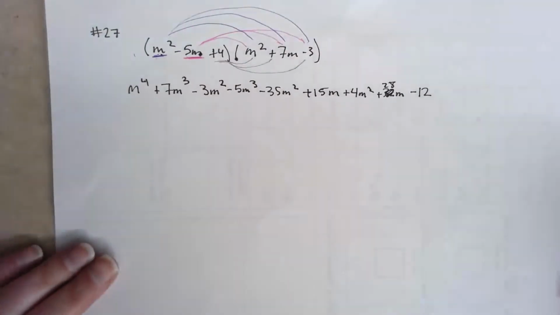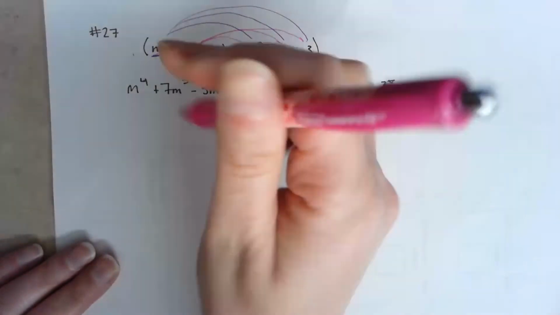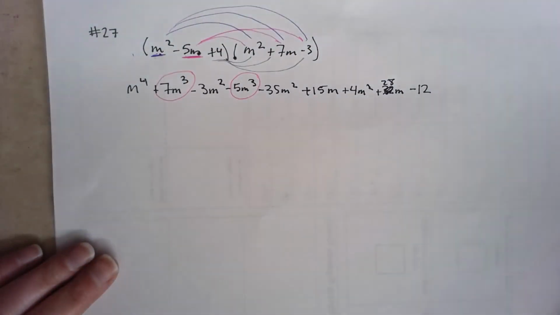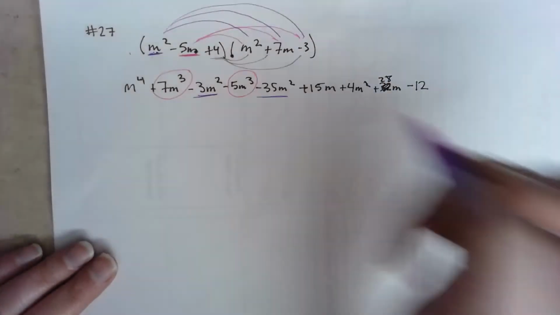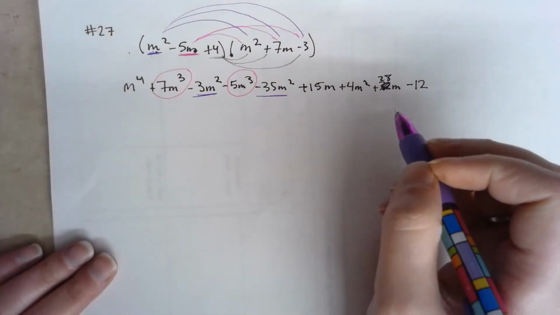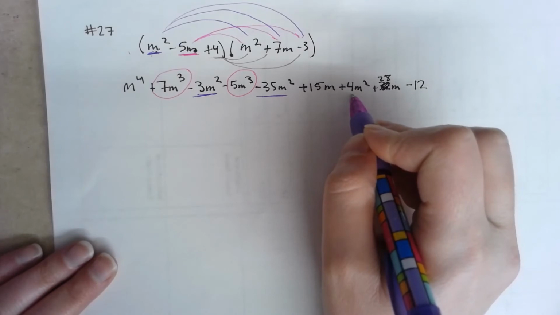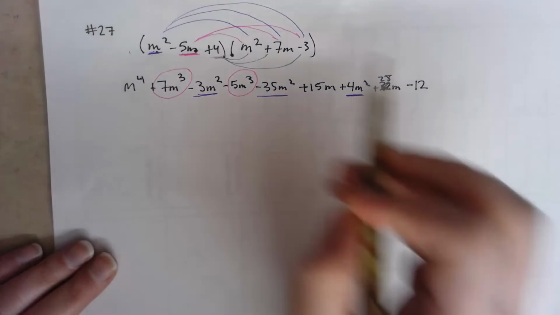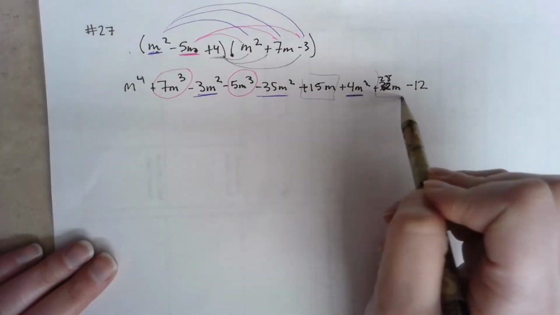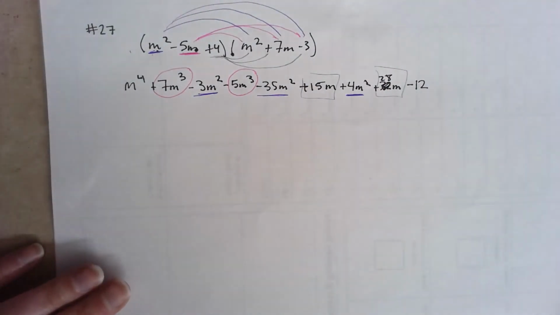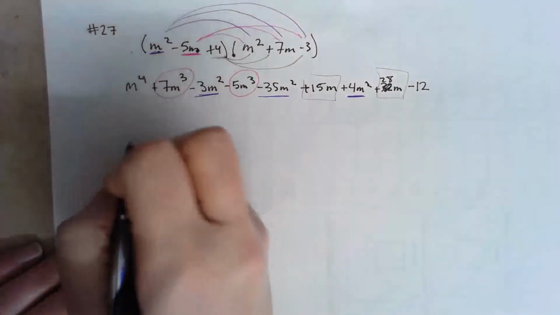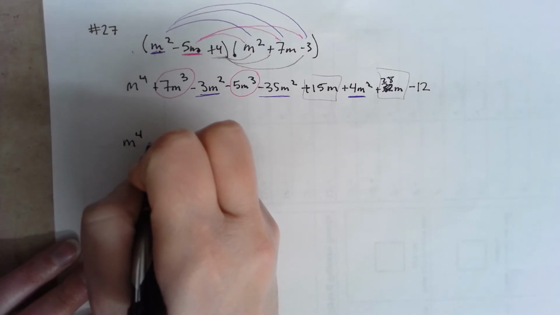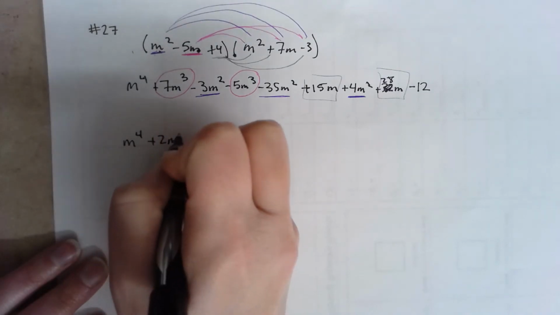Okay, combining like terms. I have m cubed terms, and I've got m squared, m squared, m squared. I have 3 m squared terms. I have m, I have m. So m to the 4th plus 2m cubed.